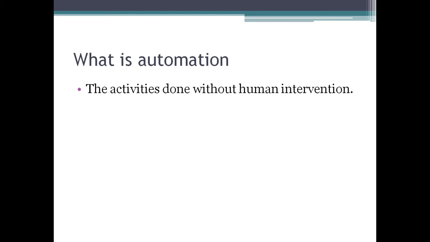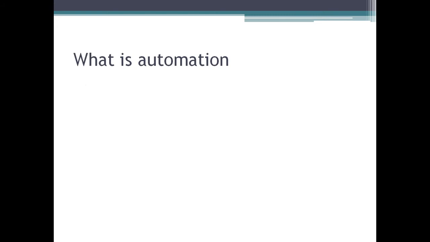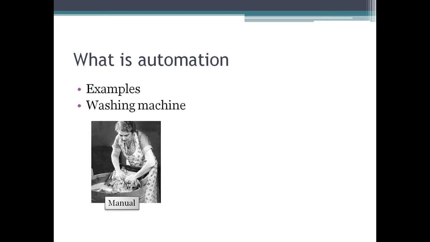The human is not present, and a machine does some activities for you. We saw some examples as well, like the washing machine. Earlier we used to wash clothes manually. Now we have a washing machine, and this is automation.